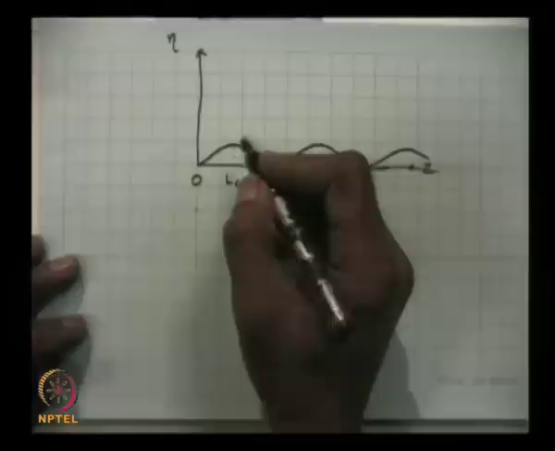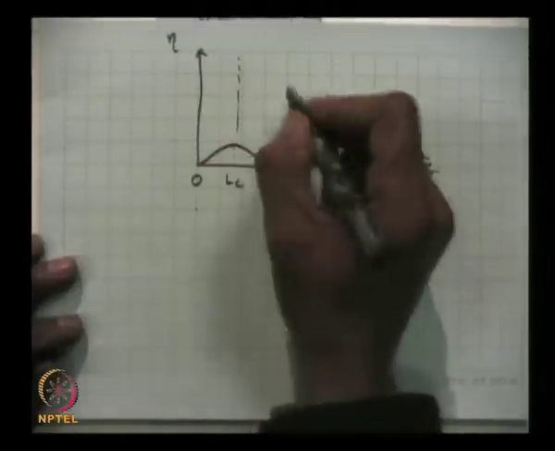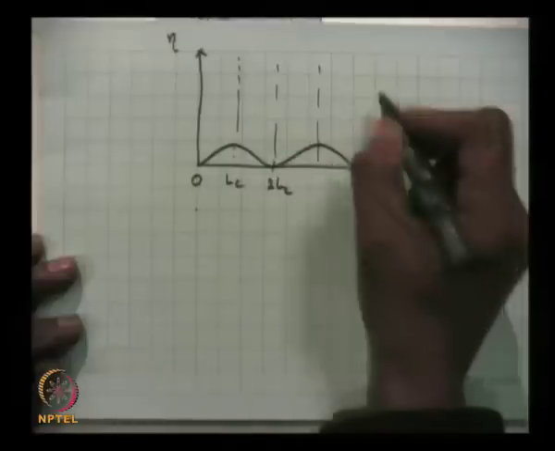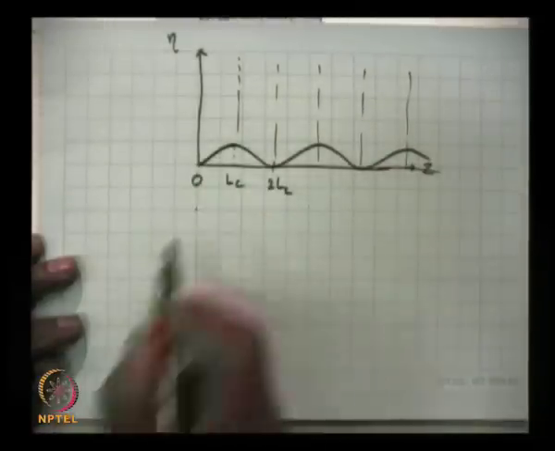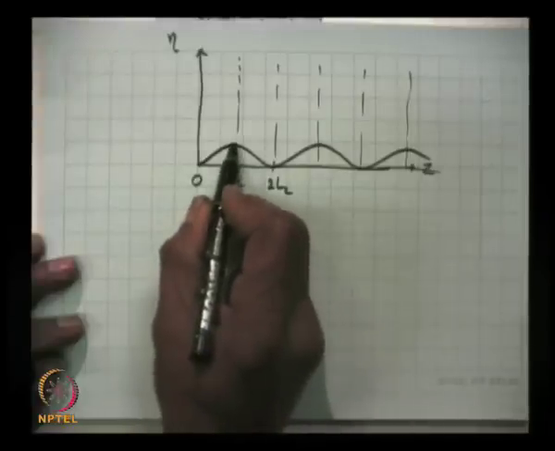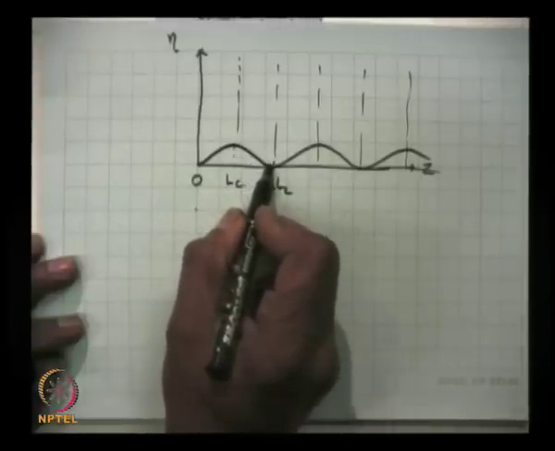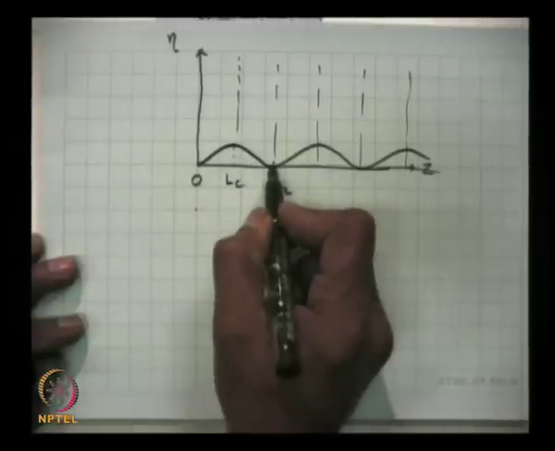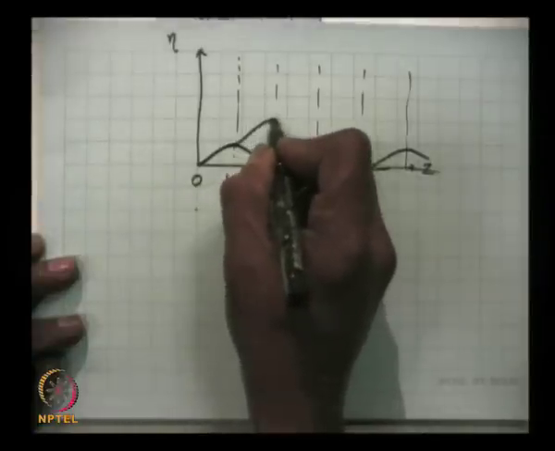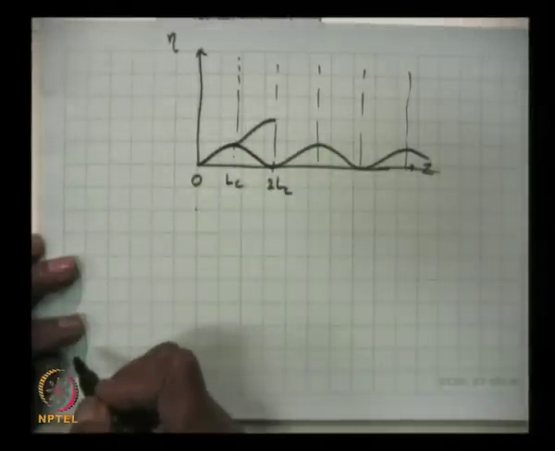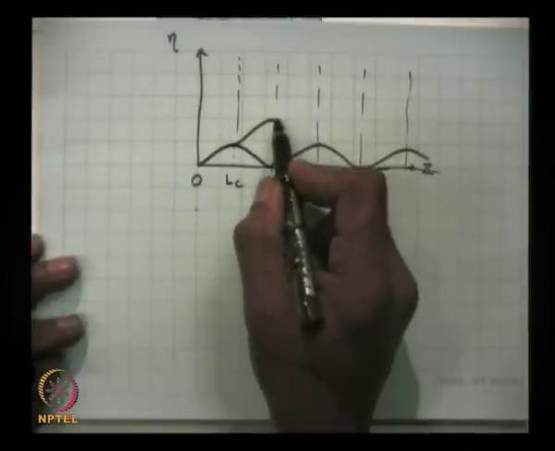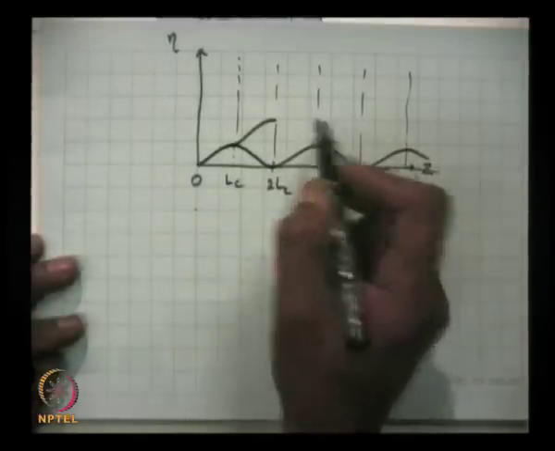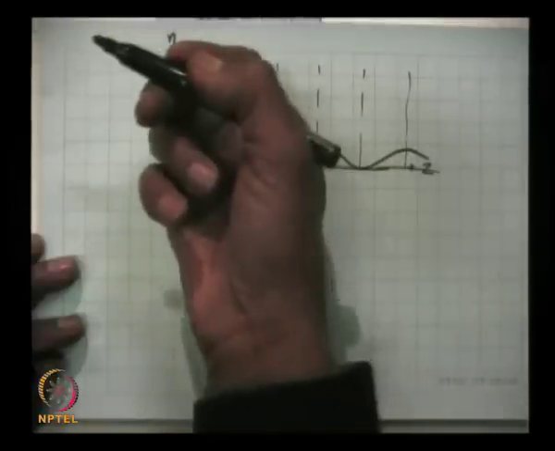So, what will happen now is, in the quasi phase matching case, the nonlinear polarization is changing sign every one of these distances. So, it comes here. At this point, if you did not do anything, the wave at second harmonic would have gone down, but it does not go down, it goes like this now, because you have brought them back in phase. At this point, if you did not do anything, it would have gone down like this, but you change the sign again, bring them back in phase.